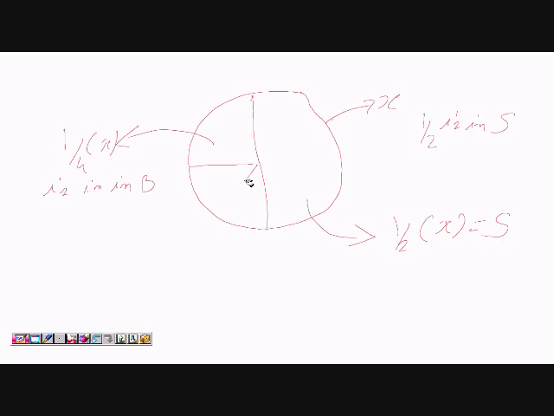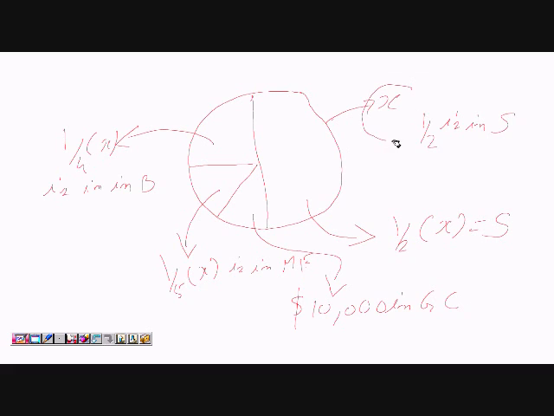So 1/5 of X is in mutual funds, MF. And then there is this amount, which is $10,000 in government certificates.